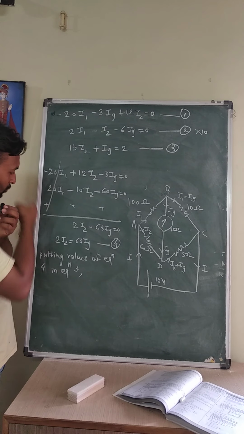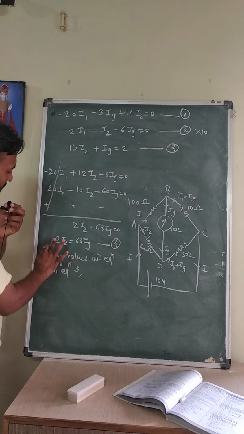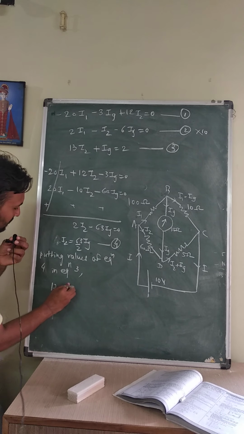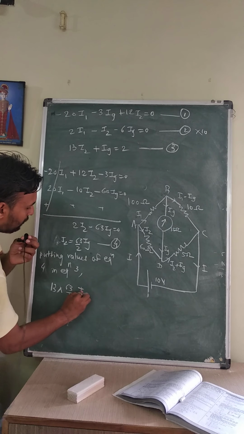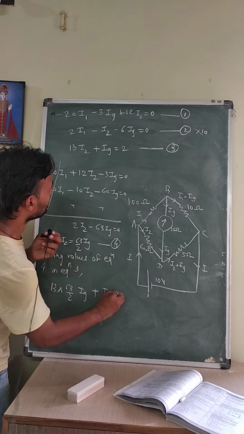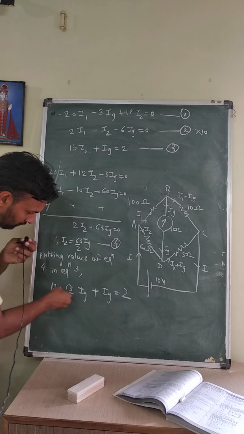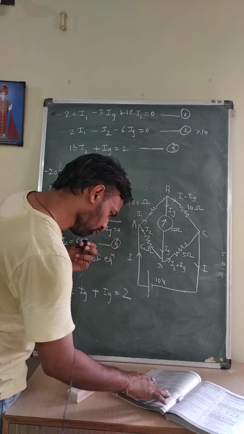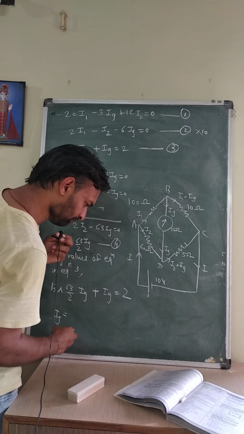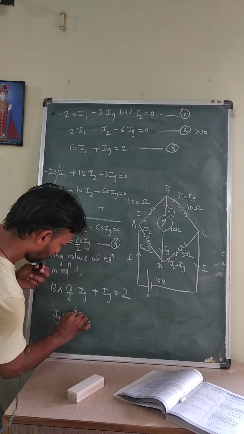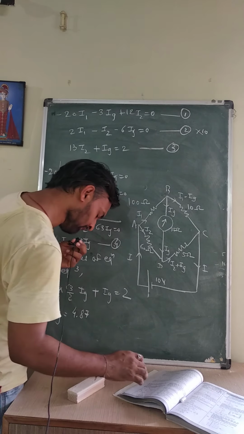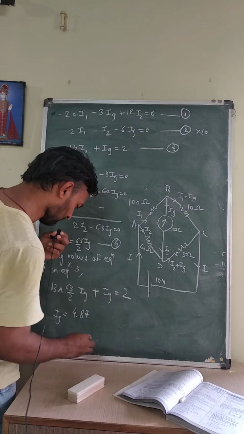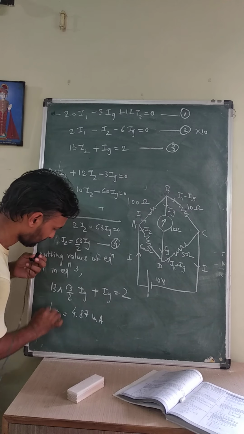So in place of 2 I2, I will write I2 is equal to 63 by 2 into Ig. So 13 into 63 by 2 into Ig plus Ig equal to 0. From this equation, I will get the value of Ig, that is equal to 44.87, and the unit would be milliamperes.